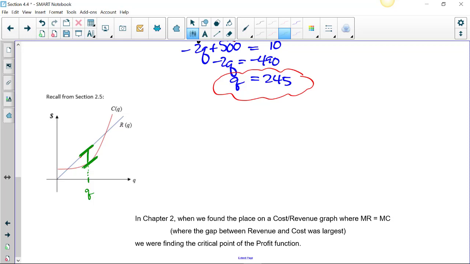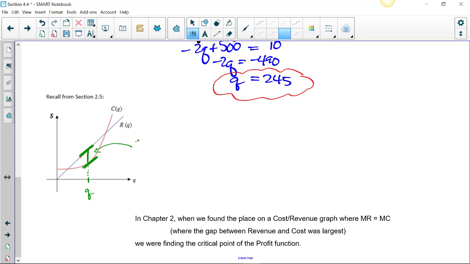If you recall back in chapter 2, we talked about the place where the largest gap between revenue and cost was, because that would give us our maximum profit. And then we talked about that in terms of marginal revenue and marginal cost. Remember, those are the slopes of the tangent lines at that point.